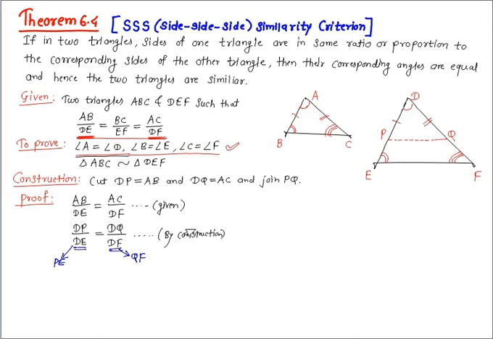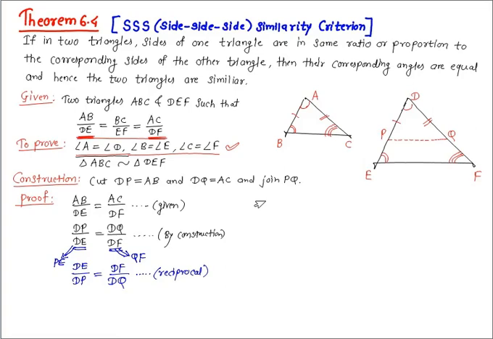Now just think, can we somehow change this DE into PE and DF into QF? Yes. Let's first take the reciprocal of this. We get DE by DP is equal to DF by DQ. This is the reciprocal.